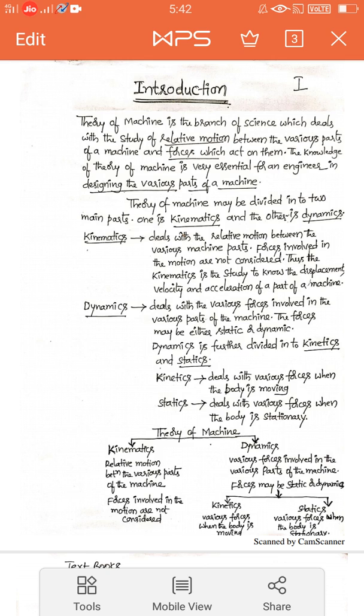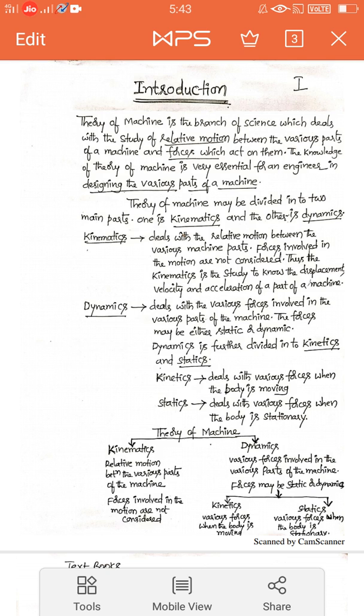Hence, in module 2 and module 3 we find the velocity and acceleration of the different parts of a mechanism both analytically and graphically. So module 2 is the velocity and acceleration of mechanisms by the analytical method, whereas module 3 is also finding the velocity and acceleration of mechanisms by the graphical method.